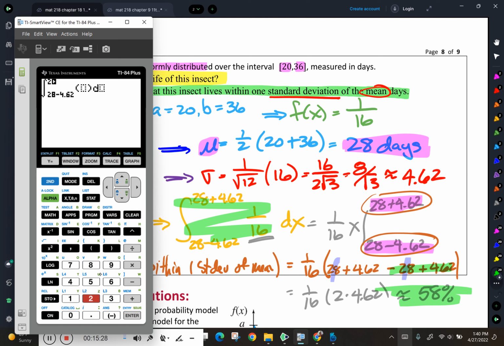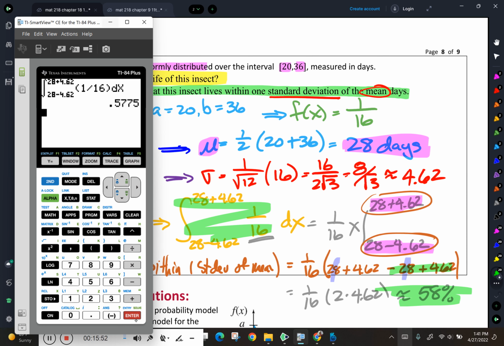My upper limit is 28 plus 4.62. My integrand is 1/16, with respect to x, and I get 0.5775. Same answer. I don't know. It's up to you. I'm not going to make anyone do this stuff by hand. I'm just showing them that it can be done by hand.